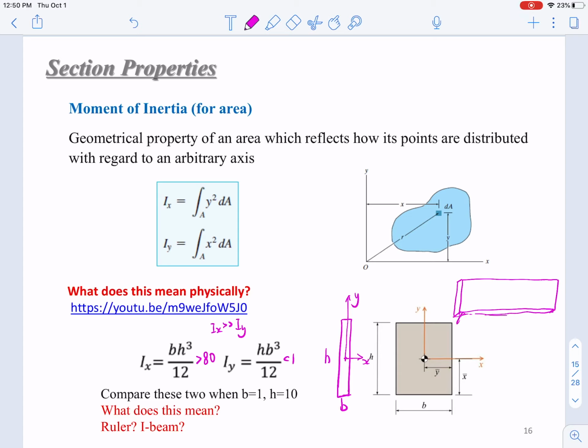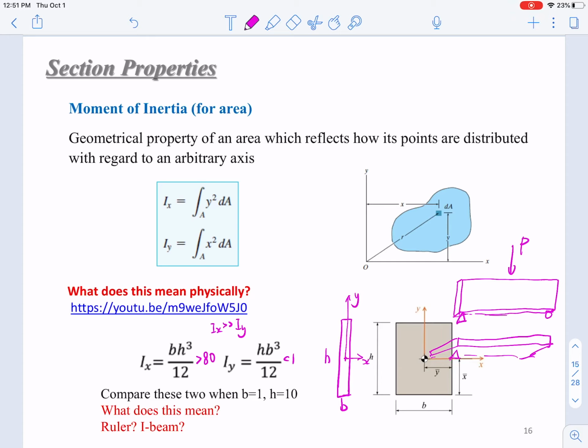If you support it here and add a load P here, do you think this shape can be easily bent? Consider a ruler. This is just the shape of a ruler. If you load your ruler in such a way, can you bend it? A plastic ruler, can you bend it? Very hard. Then how about putting it down? If you put the same ruler down, you will get some kind of a cross section like this.